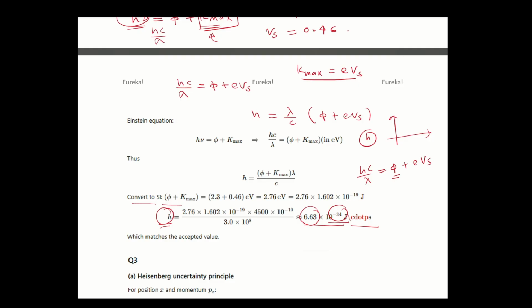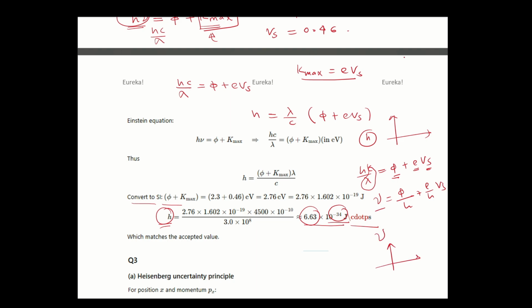Here phi is constant, e is constant, and Vs varies. So if we write this in terms of 1 by lambda, or sometimes only nu, then it will be nu equals phi divided by h plus e divided by h into Vs.